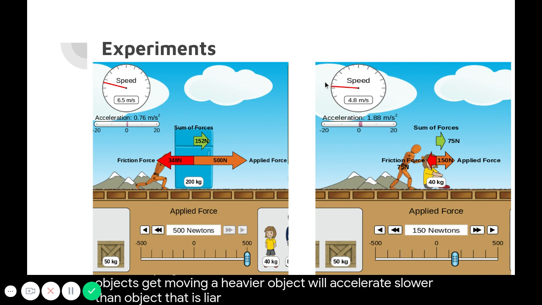Here we have screen captures from our PHYS simulation experiments.